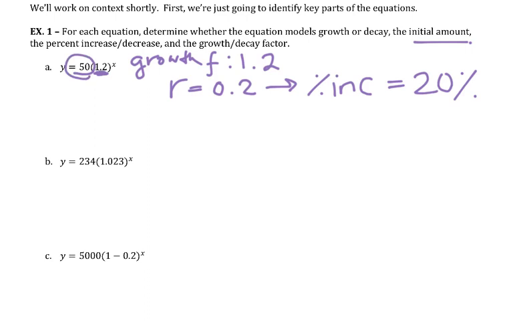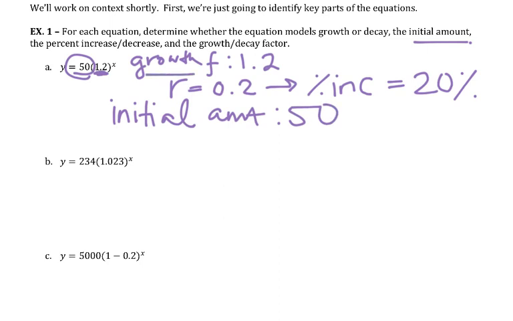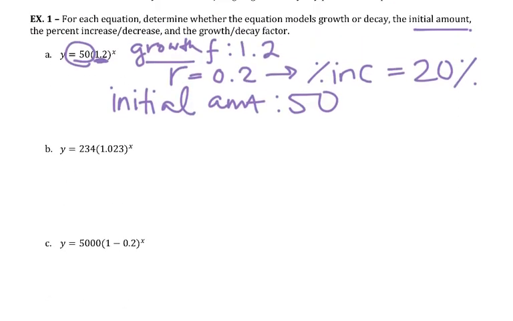It's that A value. So whatever this is modeling, the amount you start with, the initial amount, is 50. And we already said that this one represents growth, not decay. All right, so now try B, C, D, and E on your own, and then check back in for the answers.